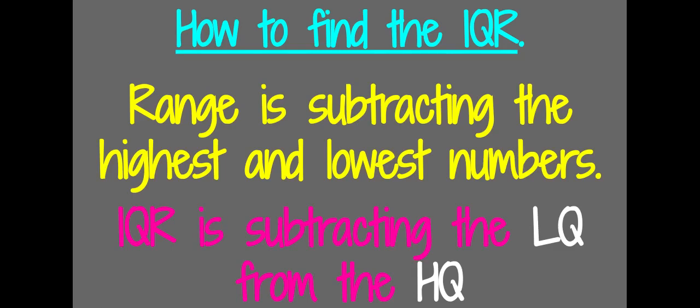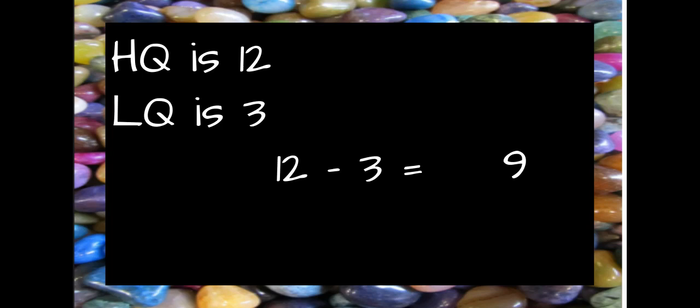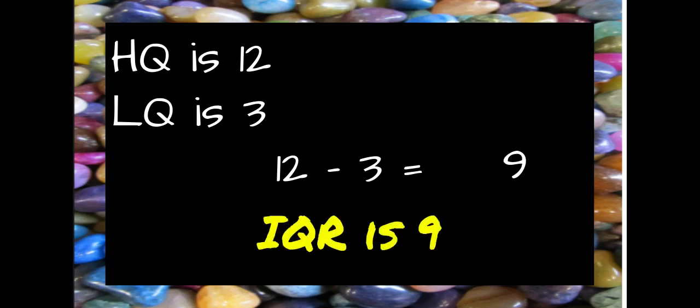We will be subtracting the low quartile from the high quartile. The low quartile is 3 and the high quartile is 12. So we are going to subtract those two to get 9. The interquartile range, or the IQR, is 9. 9 describes how far apart the 2 quartiles are from the median.